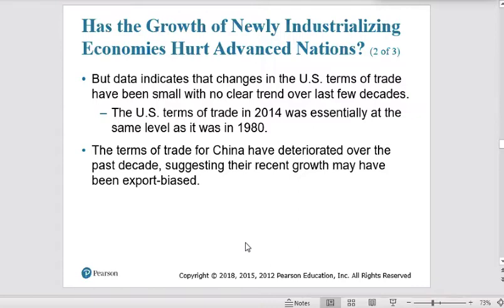So if there's more competition, the price will be lower, then Vietnam will receive less money for the TVs they export. So it will be bad for Vietnam's terms of trade, but it will be good for the terms of trade of the US, Japan, and European countries. Okay, make sense?